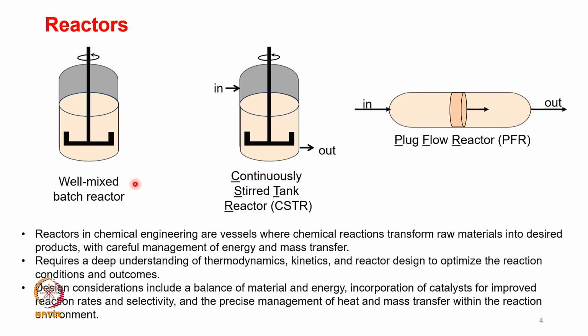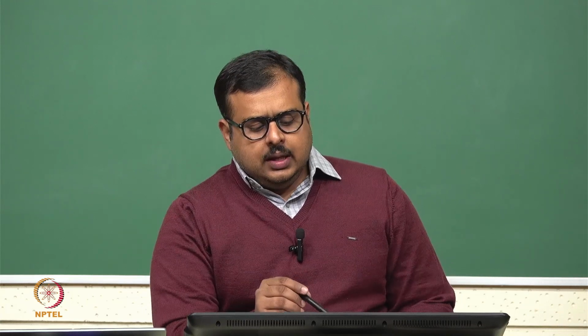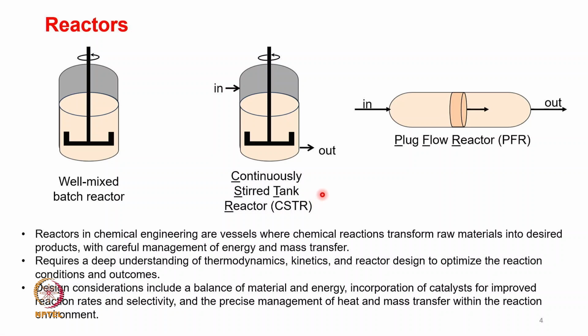There would be a stirrer inside, that's why we call it a well mixed batch reactor. You are typically not loading your feed or extracting the product continuously. On the other hand, in a continuous stirred tank reactor, as you know, you have a provision for continuous feed and continuous output.